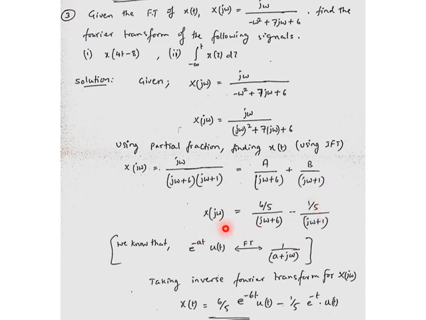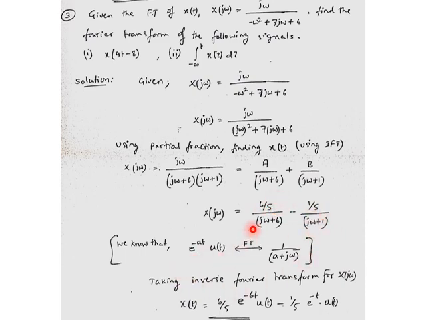So I got X(jω). With the help of the standard formula, 1/(a + jω), its inverse Fourier transform is e^(−at) u(t). So this X(jω) we now have in the standard form 1/(a + jω) with some constants.